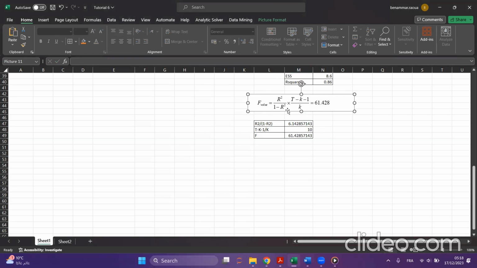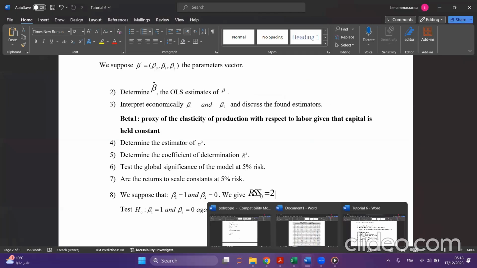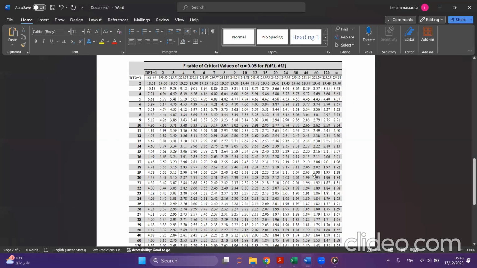So we'll be comparing this value to the f from the table. We will be looking at the f table for alpha equal to 0.001. So df1 is equal to k, which is 2, and df2 is equal to t minus k minus 1, which is 20.